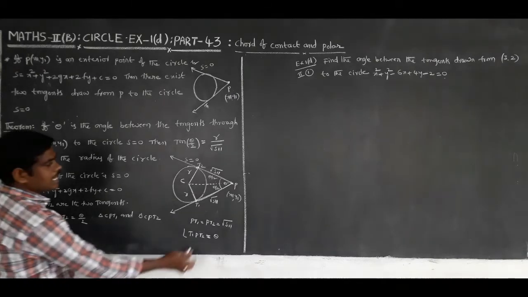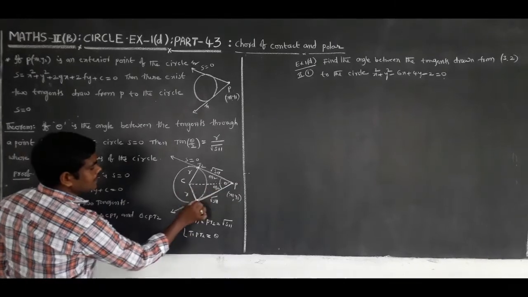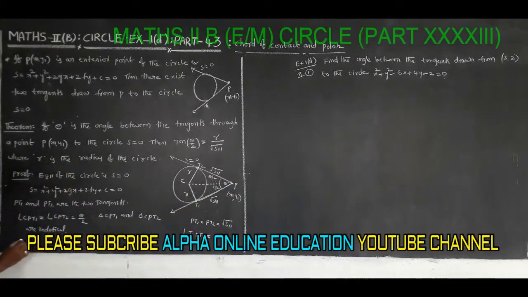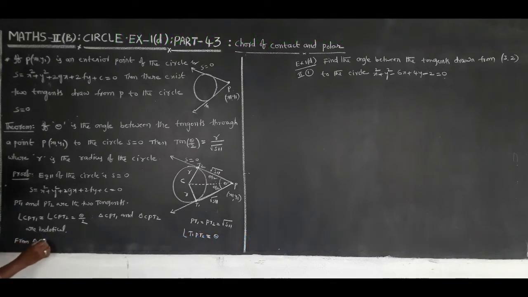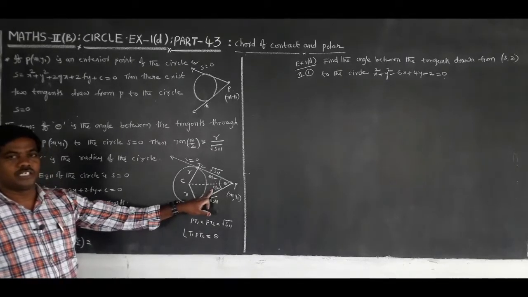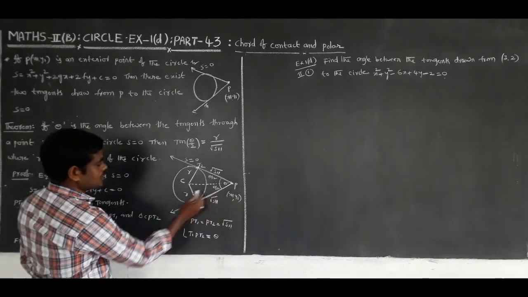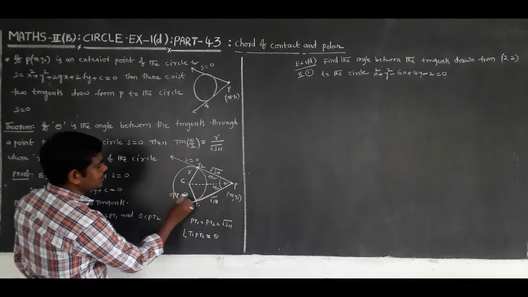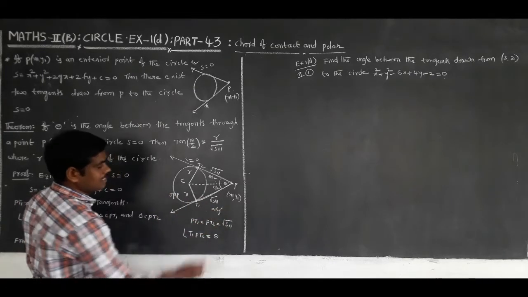From the triangle CPT1, tan theta by 2 is equal to opposite side by adjacent side.